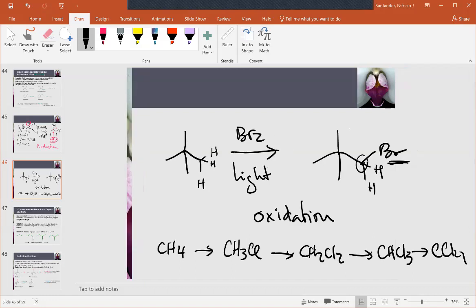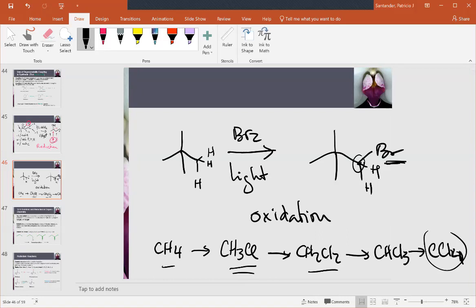So that will be a sequence of oxidations, right? Chloromethane is more oxidized than methane. Dichloromethane is more oxidized than chloromethane, etc., etc. And carbon tetrachloride will be the most highly oxidized because we have 4 attachments to chlorine.